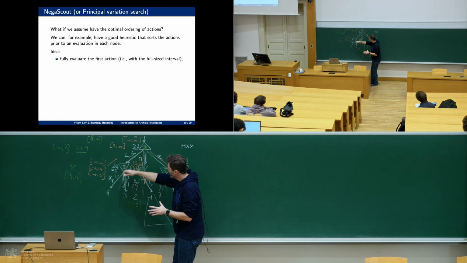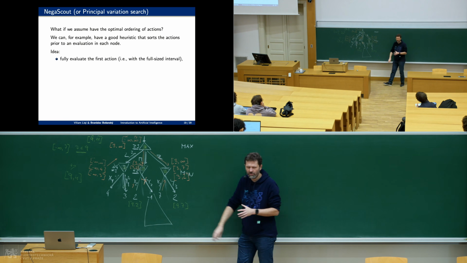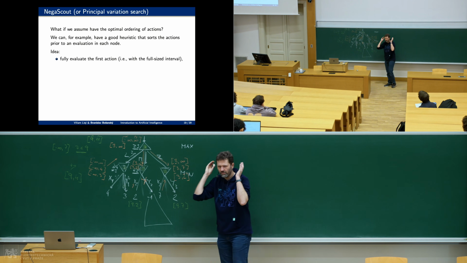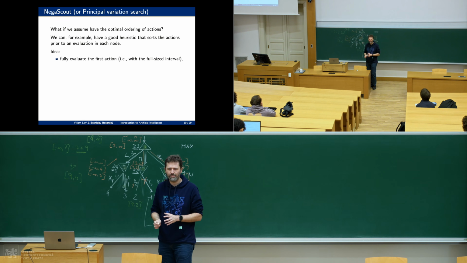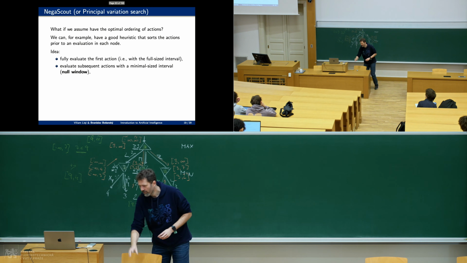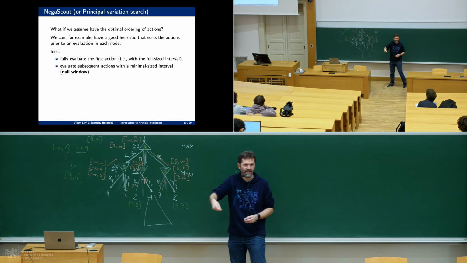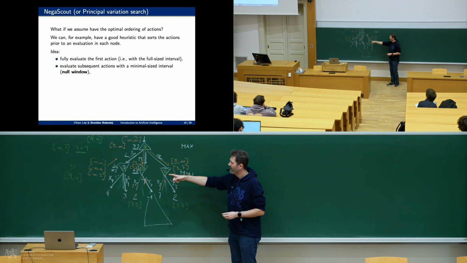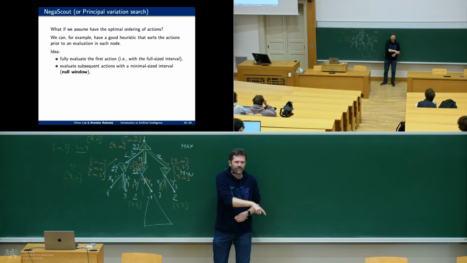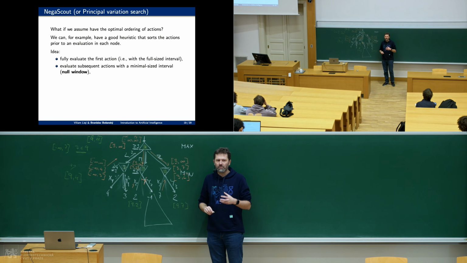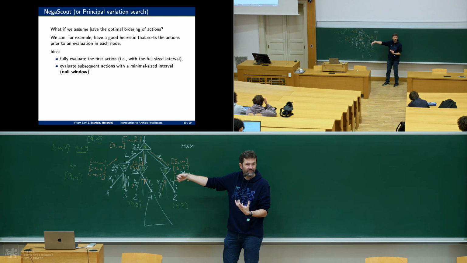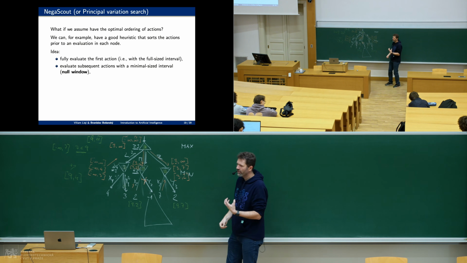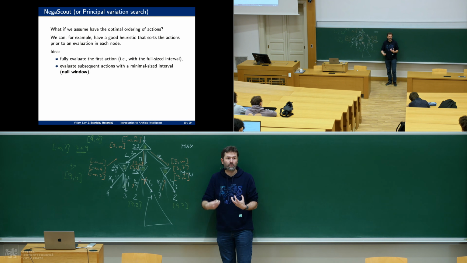So for first actions in every decision node, I'm going to use the search as if it were alpha beta. I'm not changing anything. However, when I have explored the first action in every node, I'm assuming that all the other actions are worse. So I'm just going to prove, so that I have guarantees that I have the optimal solution, that all the other actions are actually worse.